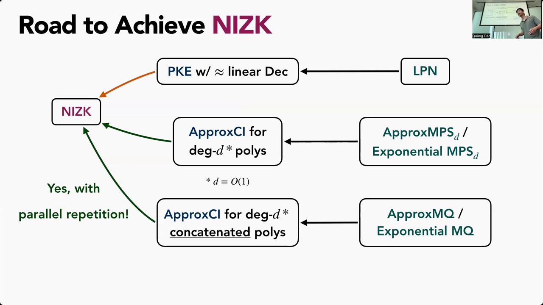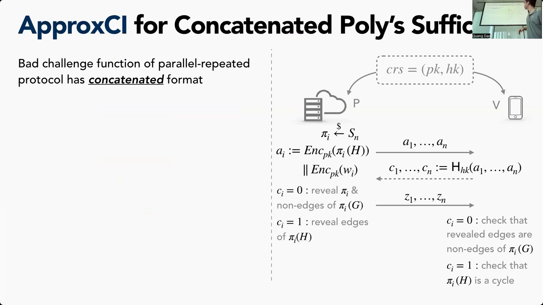And the reason is that with parallel repetitions, you can coerce the bad challenge functions to be of this form, a concatenated polynomial, or approximated by one. Parallel repetition of a protocol means that you just execute that protocol many times in parallel. So in the first round, you send all of the encryptions from all of the executions, and then you receive all the challenges, and you send all the responses at once.